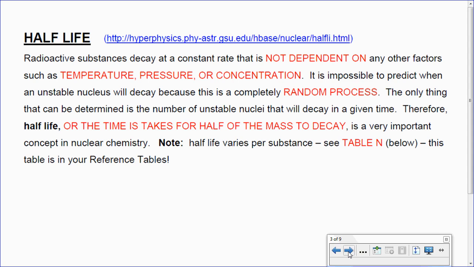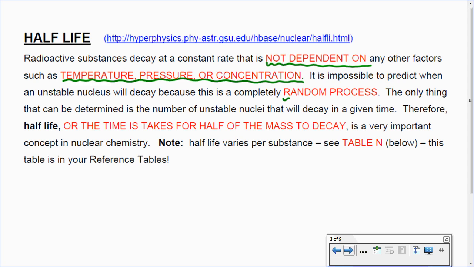Part of the definition was in the lead-in, but radioactive substances decay at a constant rate that is not dependent on any other factors. You can heat them up, cool them down, increase the pressure, change the concentration, it has no effect. It's still going to radioactively decay at the same rate. It's impossible to predict when an unstable nucleus will decay because it's a completely random process.